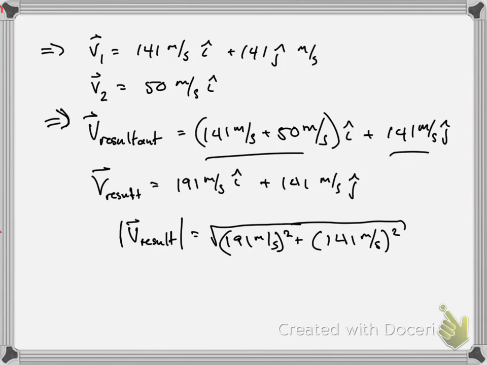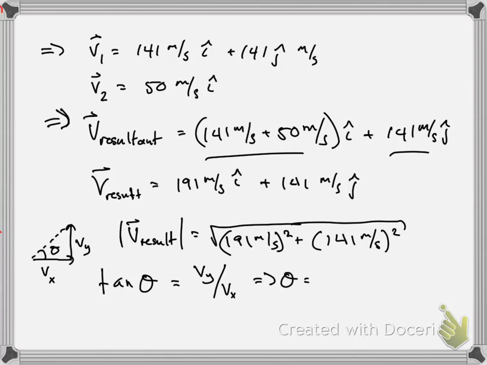And for the angle, if we draw the resultant vector, I drew a little picture in the corner to show that the tangent of theta is Vy over Vx. Therefore theta is the inverse tangent of Vy over Vx, which is 141 over 191. The units cancel.